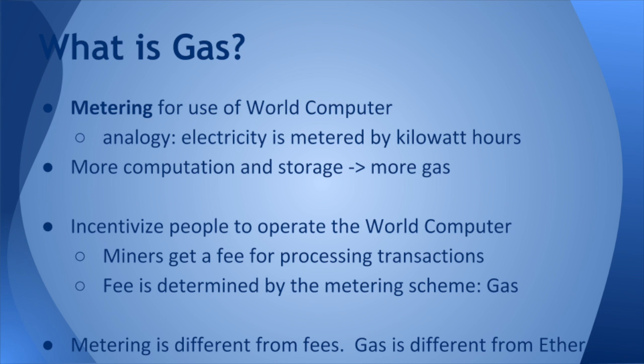One of the reasons for having gas is to incentivize the people who are operating the world computer. These people, miners, get a fee for processing transactions. This fee is determined by the metering mechanism, which is gas. So metering is different from gas, and gas is different from ether.